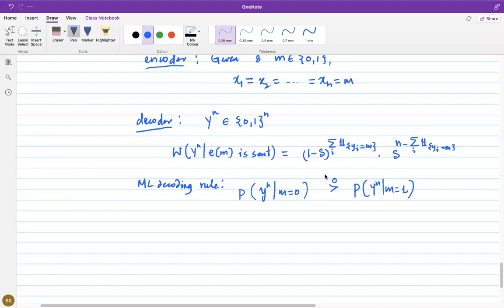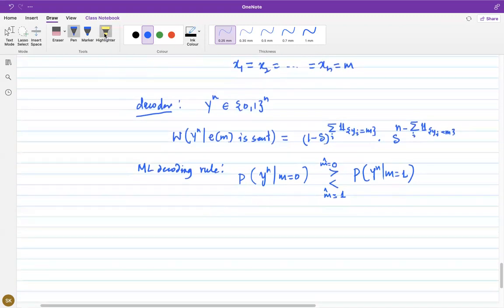You take m hat to be 0. And if you calculate that this probability is less than the right hand side probability here, then you simply say that your m hat is equal to 1. That's what the ML decoding rule says.